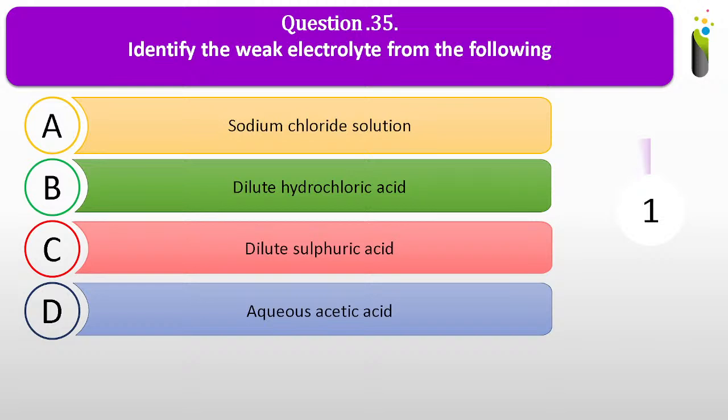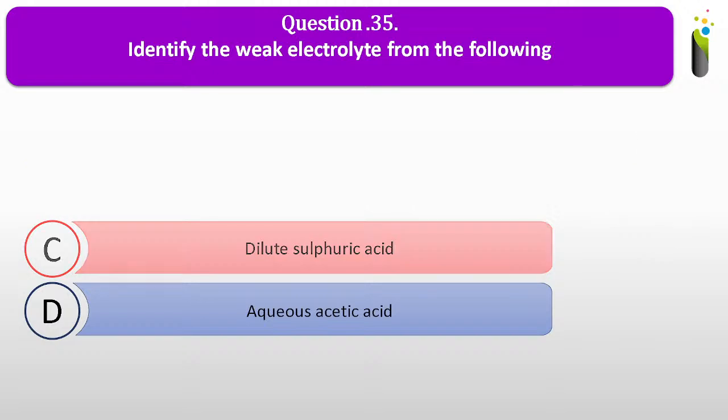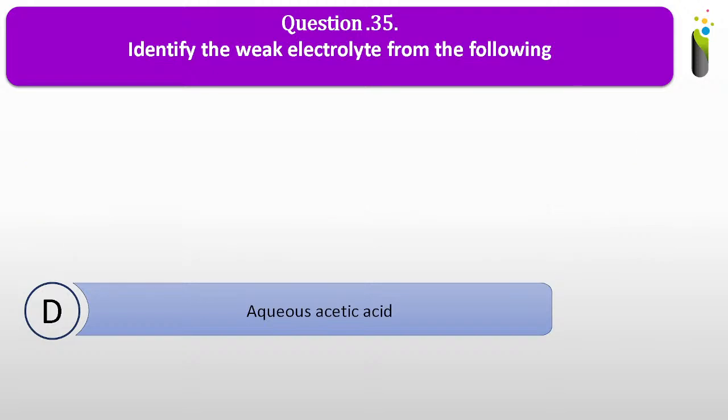So the answer for this question is D. Aqueous acetic acid is the weak electrolyte from the ones which are listed here.